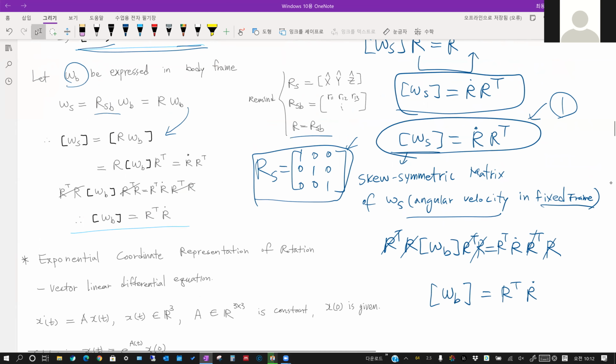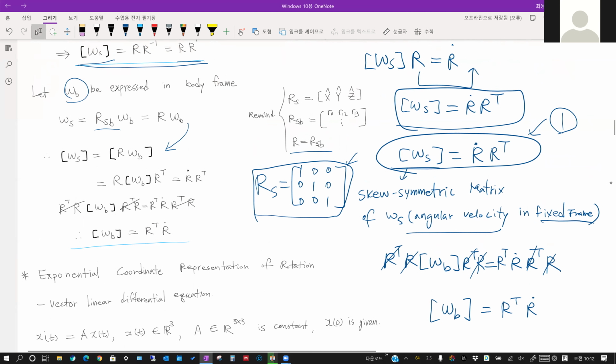So omega S was the angular velocity in the fixed frame, and the skew-symmetric matrix of that is R dot R transpose.